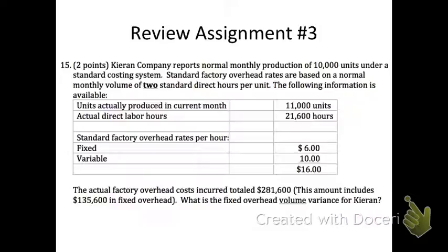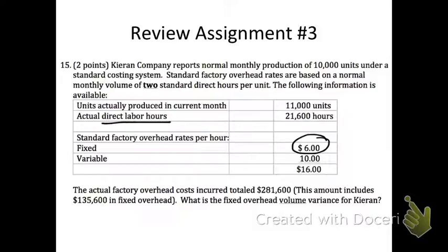And so fixed overhead, because these costs are fixed, when I determine this $6 rate, I determine it by taking the total fixed overhead and dividing it by the expected number of direct labor hours.